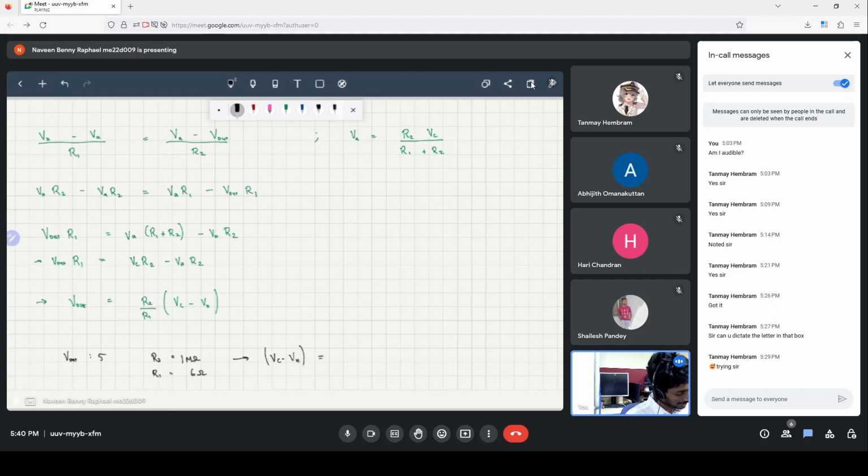That gives us that VC minus VH is 5 into 6 divided by 1 mega ohm, which is 5 into 6 into 10 power 6.